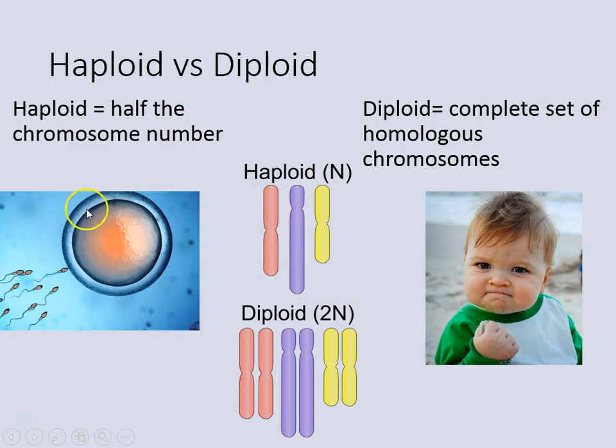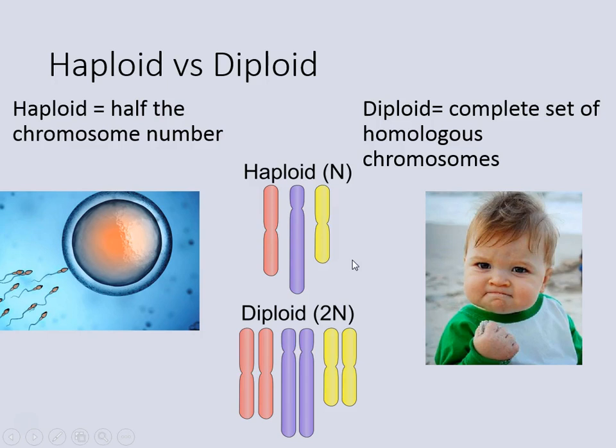This sperm and this egg would both be haploid. This one would have, we'll say, 3 chromosomes, or if this is human, 23 chromosomes. The sperm has the other half of that set, so another 23 chromosomes. When they come together, you form a diploid cell. That's where you get the complete set of chromosomes.